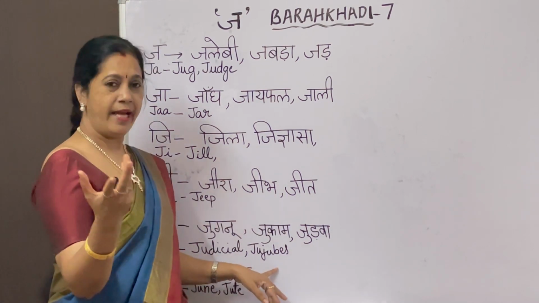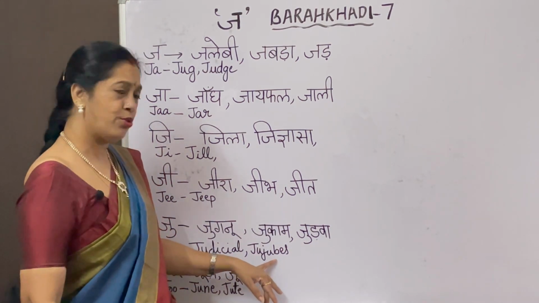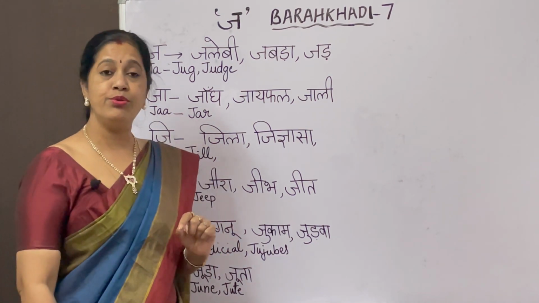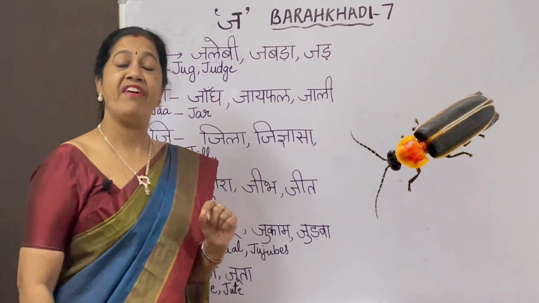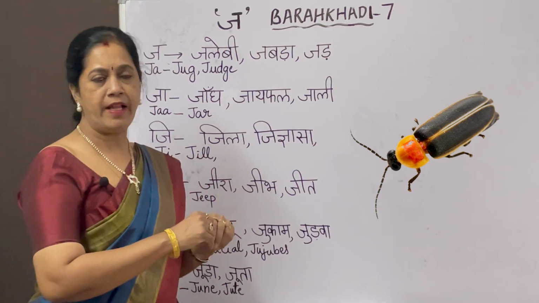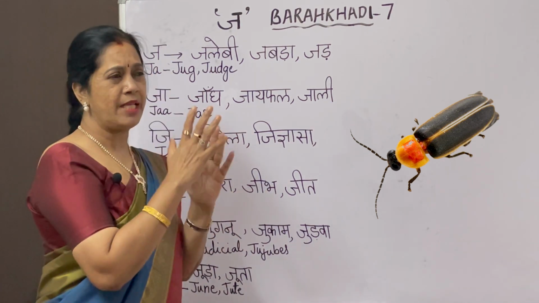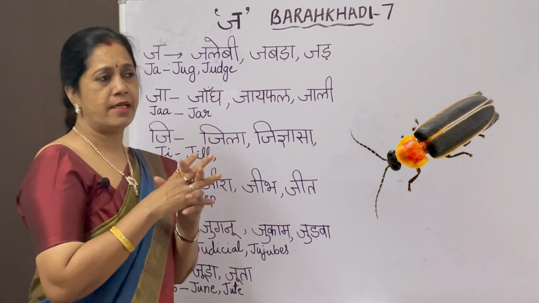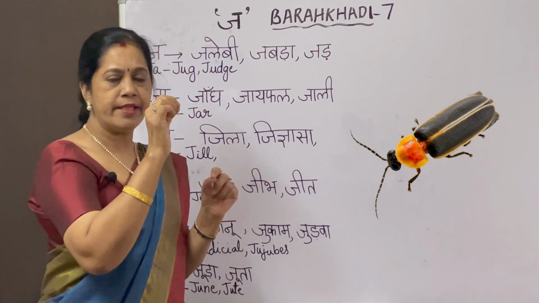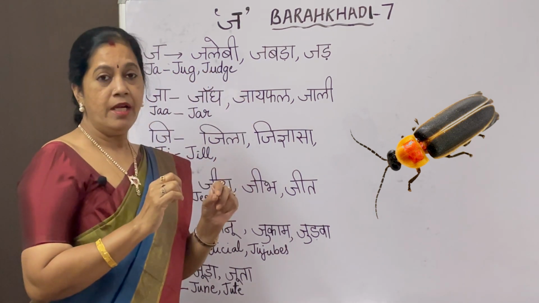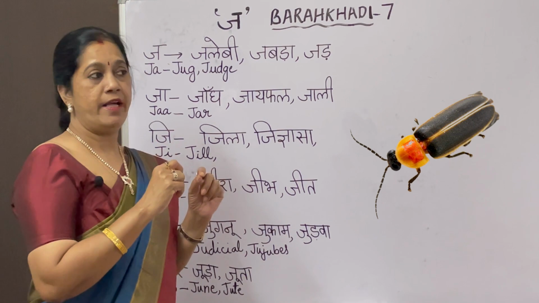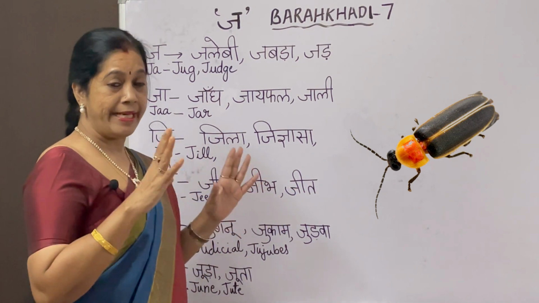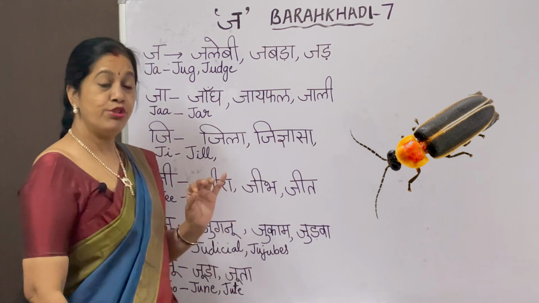I think it's available in some departmental stores. Here I've given the word jugnu. Jugnu is firefly. When it is pitch dark, you can see lights flashing here and there. They are fireflies which sparkle in the grass at night. That is called jugnu.